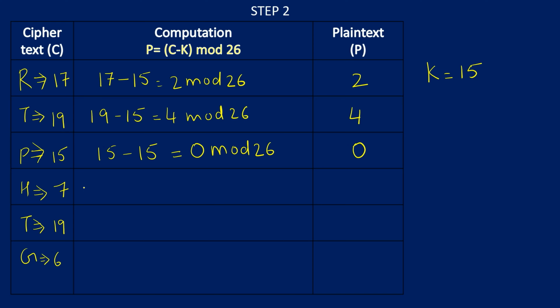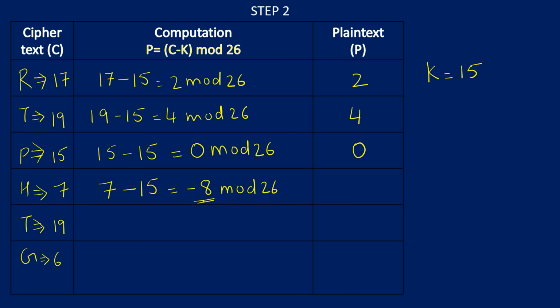The next number is 7 minus the key, which is 15. So 7 minus 15 is minus 8 mod 26. Now the number is negative, minus 8. Therefore, you have to apply modular arithmetic. As I told you, you will apply modular arithmetic in two cases. The first case is if the result is positive and greater than 26. The second case is when the resultant number is negative.